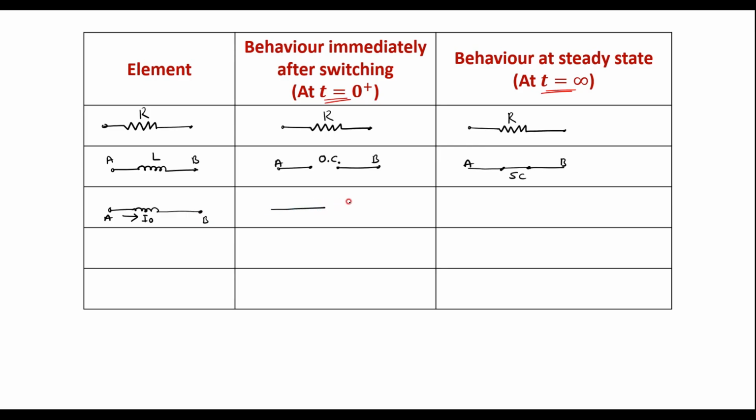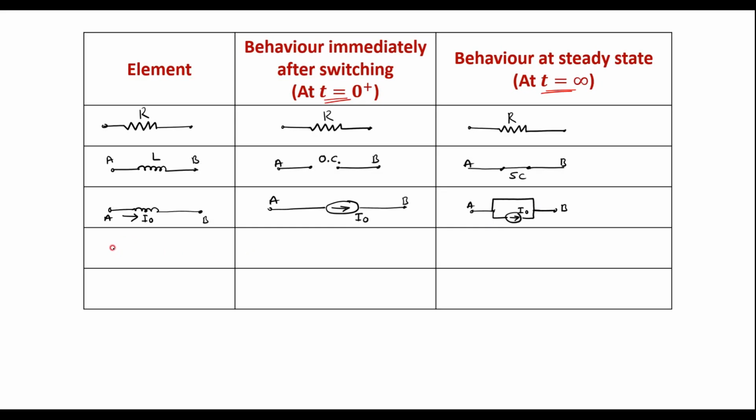That is, the inductor acts like a current source between the same terminals A and B. So this is the current source with magnitude I0. Similarly, at t equal to infinity, it can be represented as, this is I0, this is terminal A and this is terminal B.